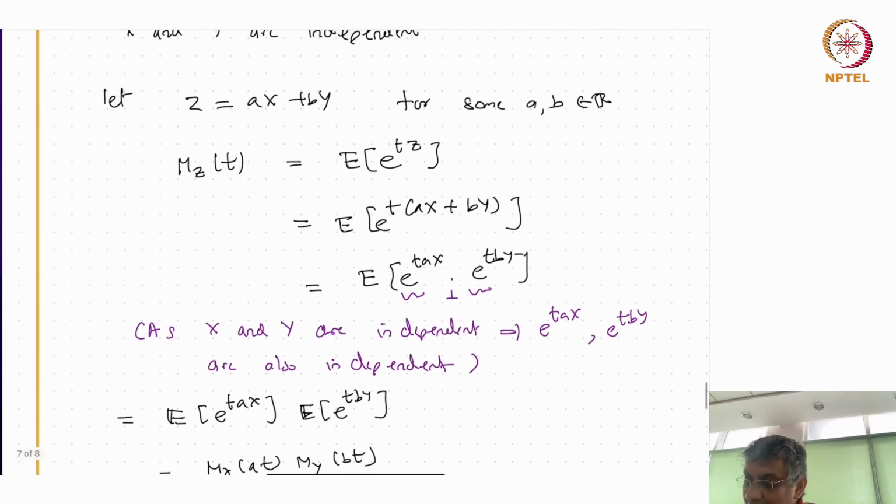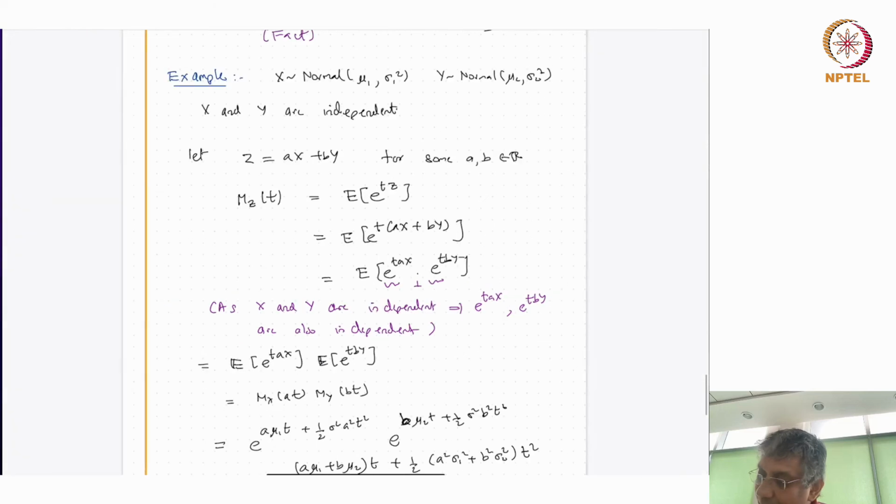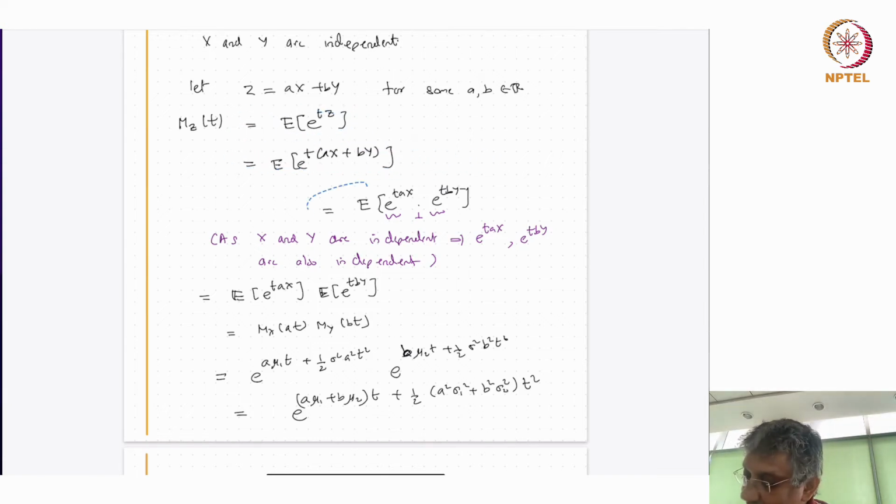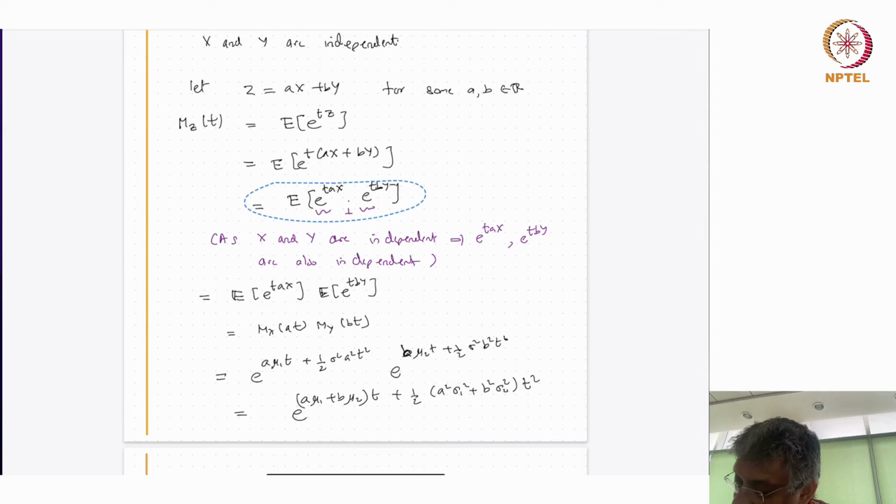So what did I start off with? Let me go back slowly. I started off with m sub z of t on this side. I wrote that down first as this, then as this. Then I looked at the algebra. It just came out to be a function of e to the atx and e to the bty.